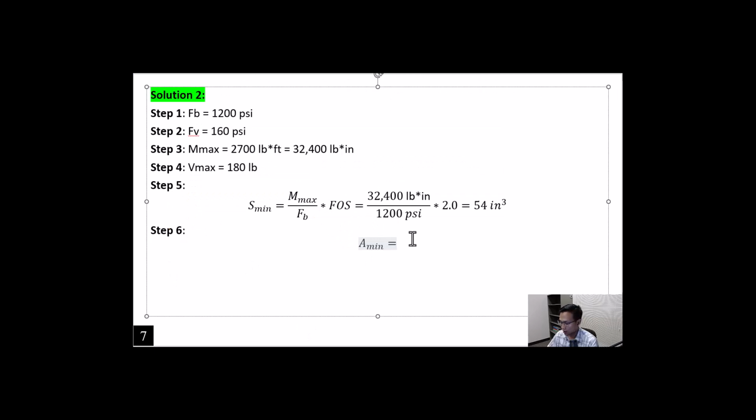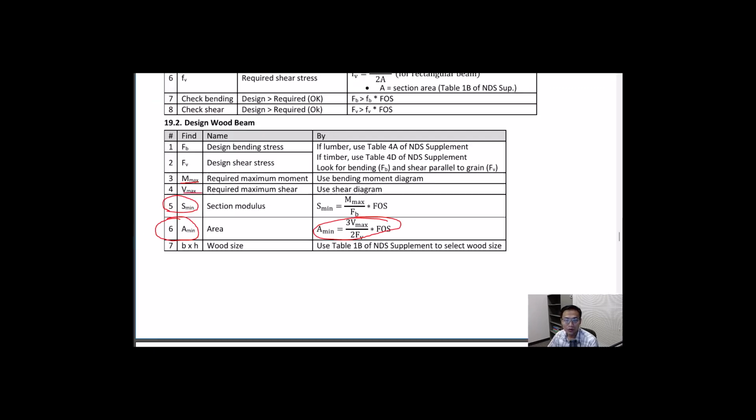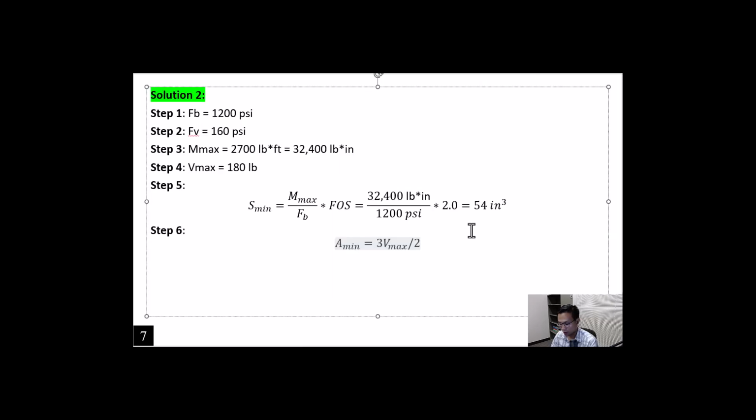V max is 180, FV is 160, and FOS is 2.0.